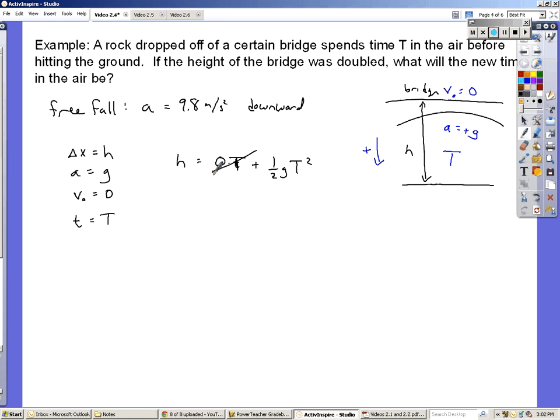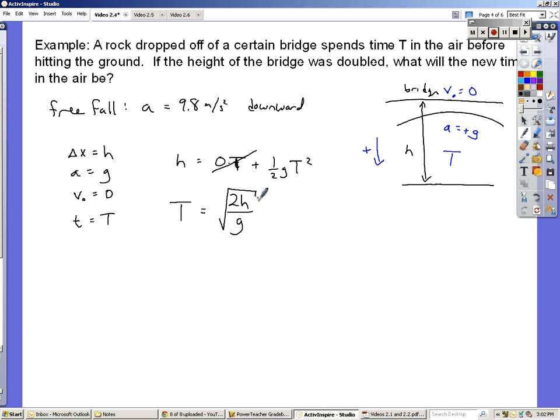That first term is 0 and goes away. So we can see that h is proportional to t squared. But we want to know what the new time in the air is, so we need to solve for t. T equals the square root of 2h over g.